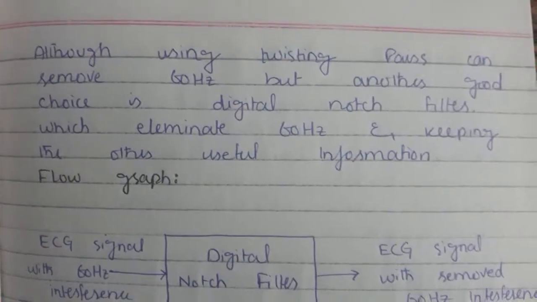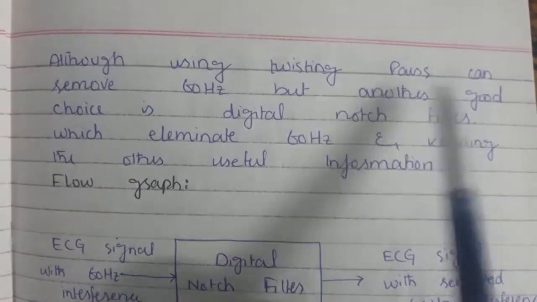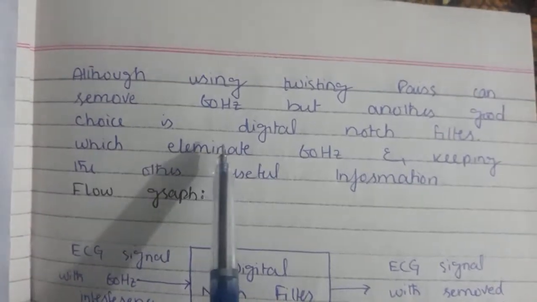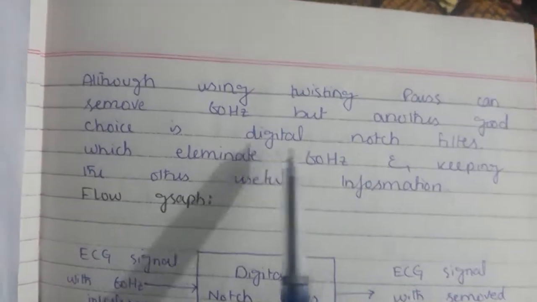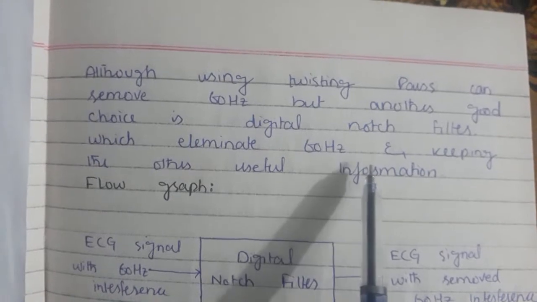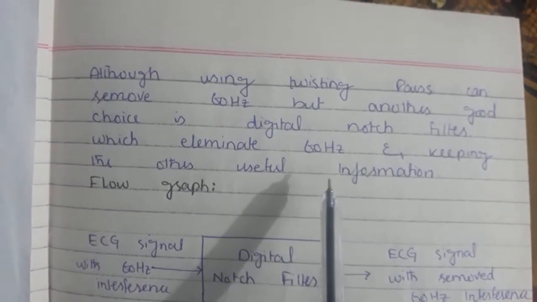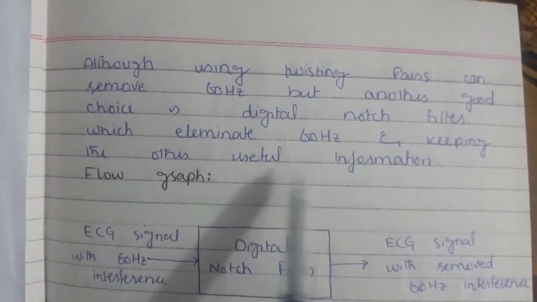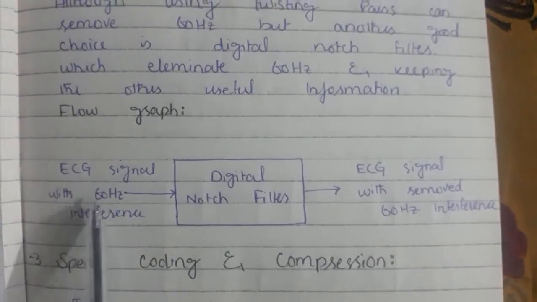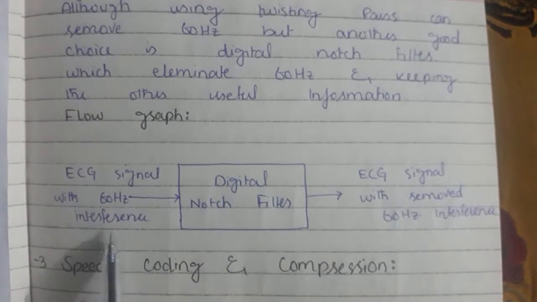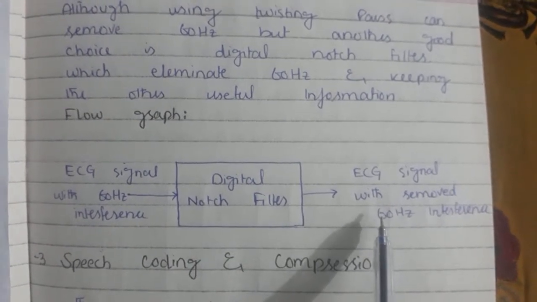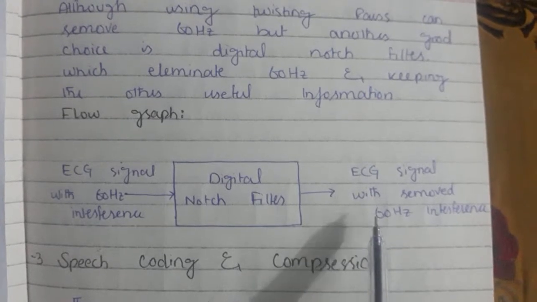Although using twisted pairs we can remove the 60 Hz, another good choice is a digital notch filter. By using a digital notch filter, we can easily eliminate this unwanted 60 Hz frequency and get our other useful information. When the ECG signal with 60 Hz interference is applied to the digital notch filter, we easily get the cleaned ECG of our patient.